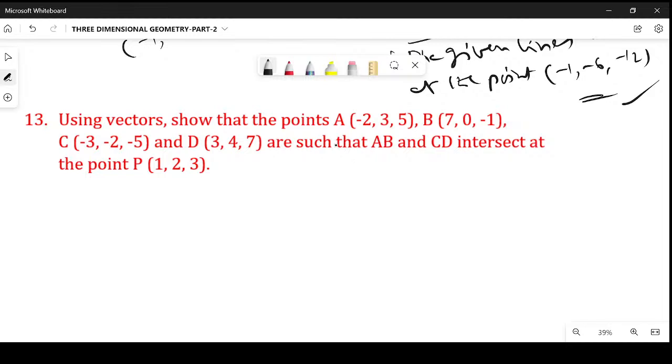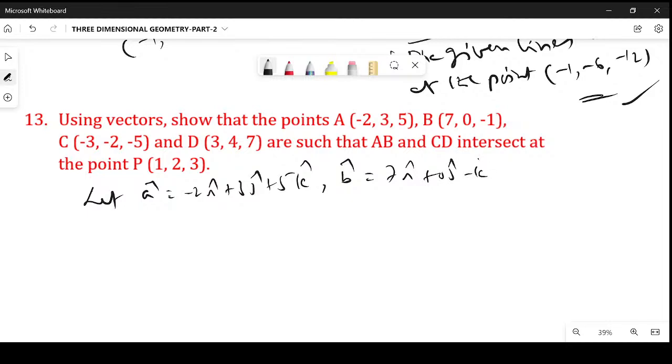So again, what is the equation of AB bar? Suppose we let A bar equal to minus 2I cap plus 3J cap plus 5K cap and B bar equal to 7I cap plus 0J cap minus K cap.